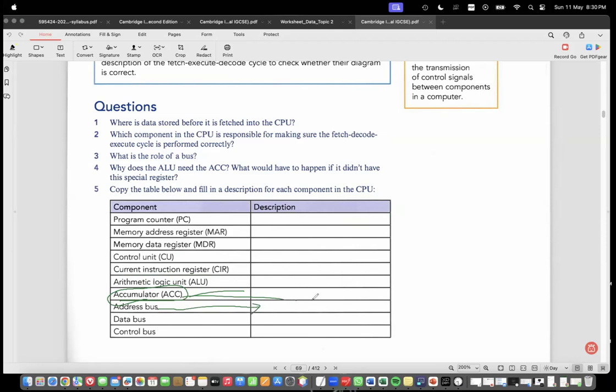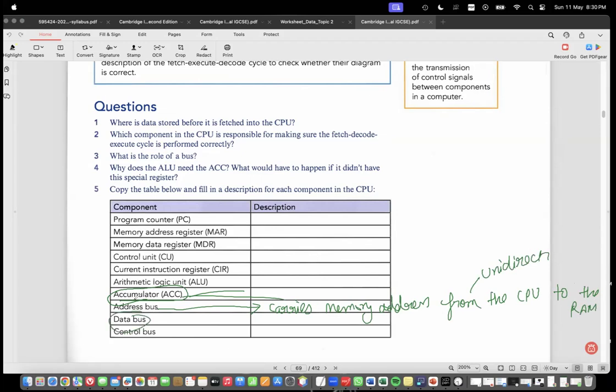Address bus is a physical connection which carries memory address from the processor to the other components, like it carries memory address from the CPU to the RAM. So it is unidirectional.